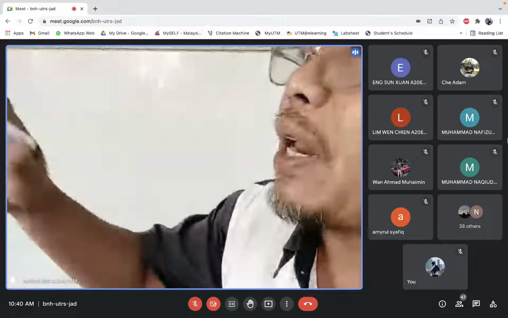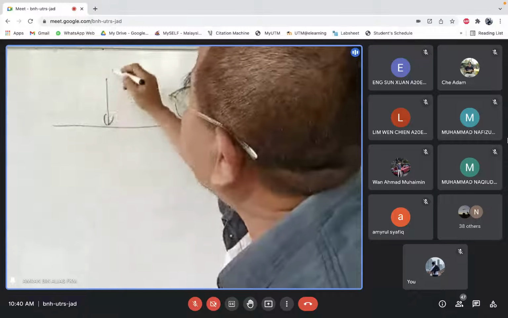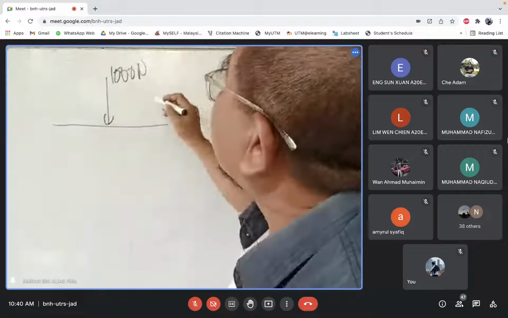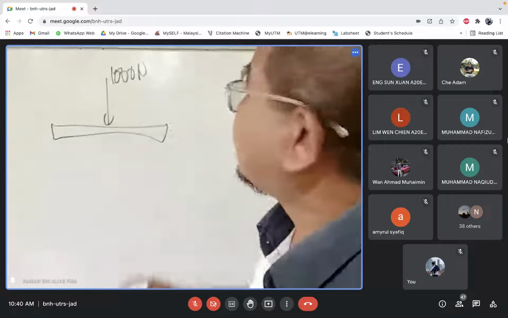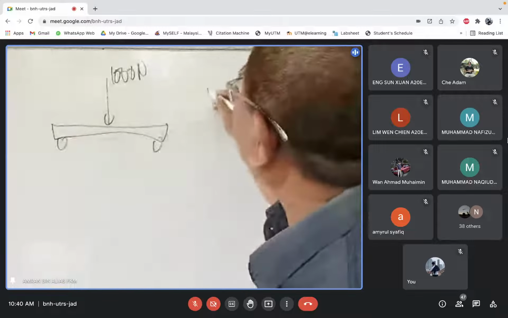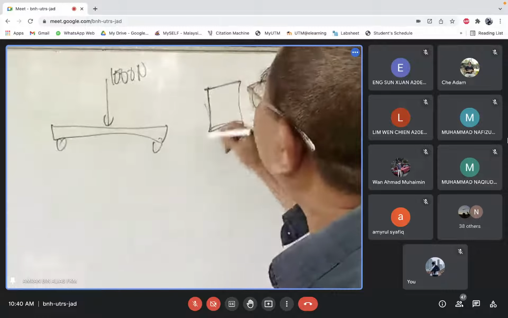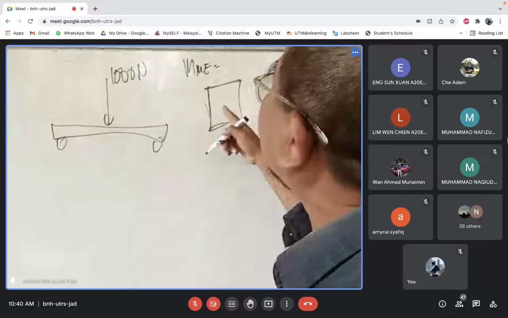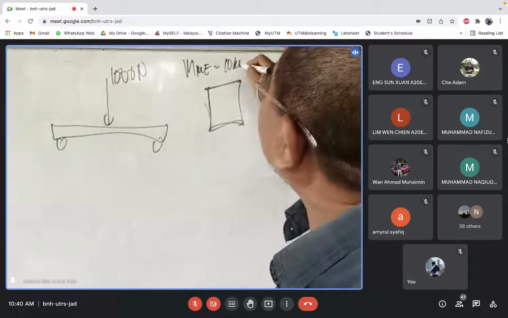You say we haven't done the backward case. Okay, let's do this. I put this 1000 Newton. 1000 Newton. Let's say the cross section is like that. For moment maximum elastic, let's say this one is 10 kilonewton meter.